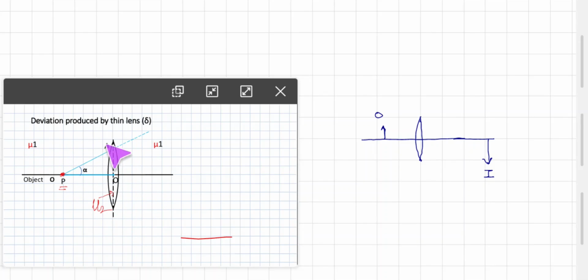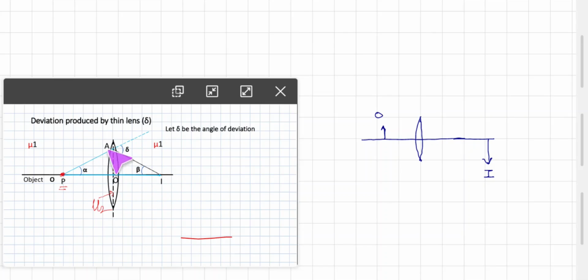Obviously if there is a change in material, the light, instead of going straight, bends or refracts and intersects at this point on the optical axis where image formation is done. Now this ray is making an angle beta. Remember that with the optical axis the emerging ray is making an angle alpha and the refracted ray is making an angle beta.